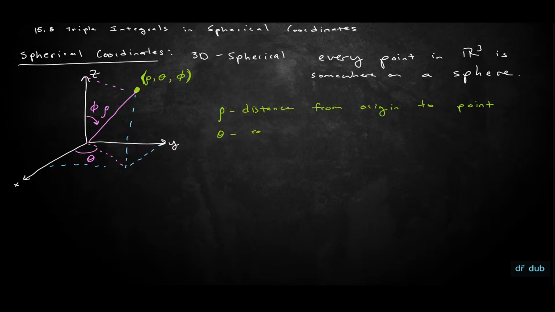Theta is the rotation from positive x-axis. And phi is rotation down from positive z-axis.